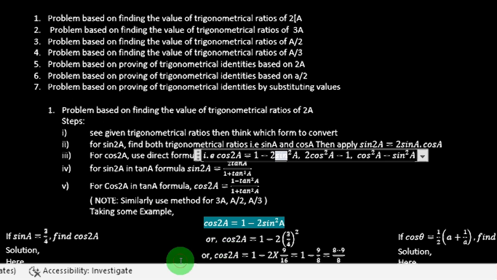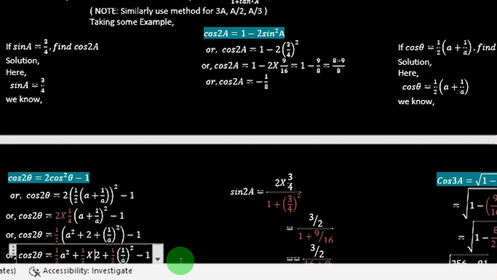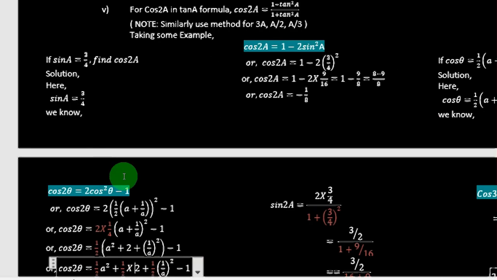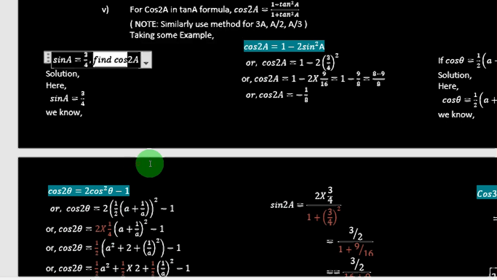Now we will see one example of how to solve the problem. Here the question gives the sine A value as 3 by 4, and it is asking to find cos 2A.